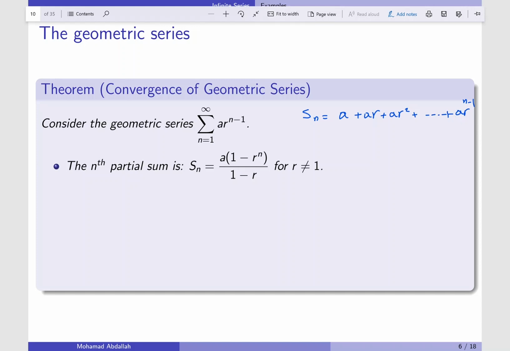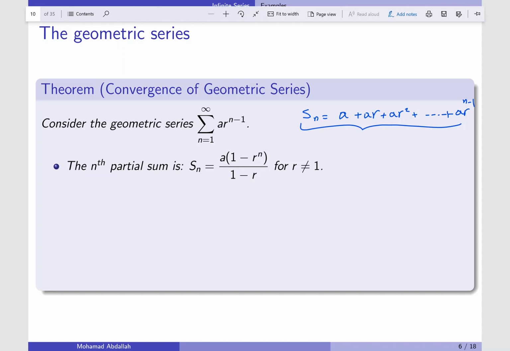These are n terms, because I'm starting at r to the 0. So this Sn has a nice formula. The nth partial sum is Sn equals a times 1 minus r to the power n over 1 minus r.